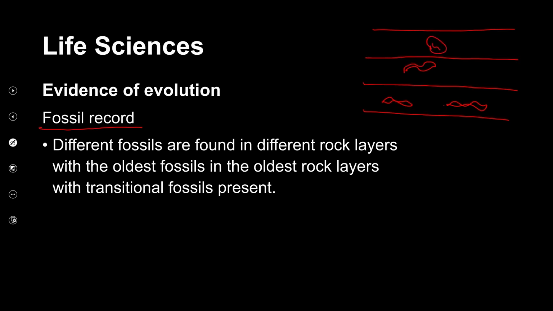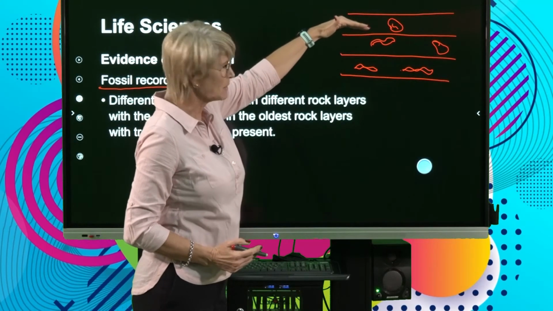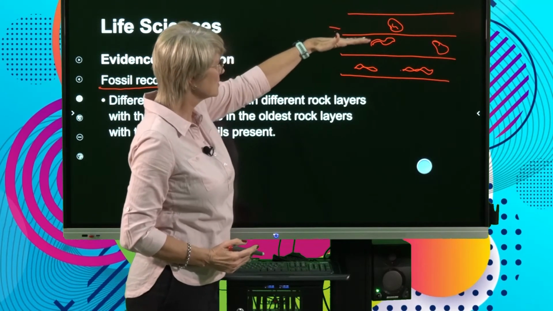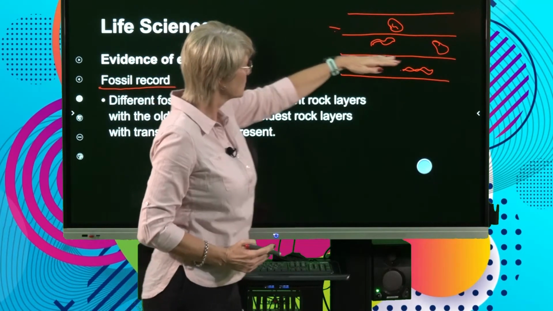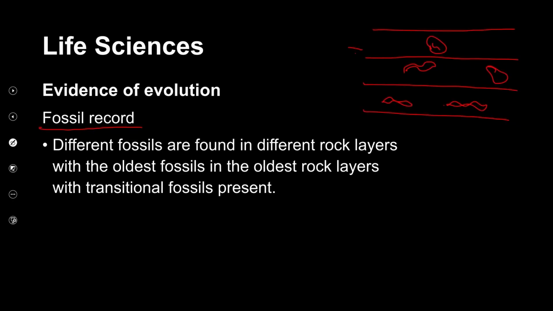So we find various fossils in the various layers. And remember, when fossils are formed, layers of sand or sediment are deposited on top of the organism's body. So this layer here would obviously be the oldest, whereas this one over here would be the youngest.